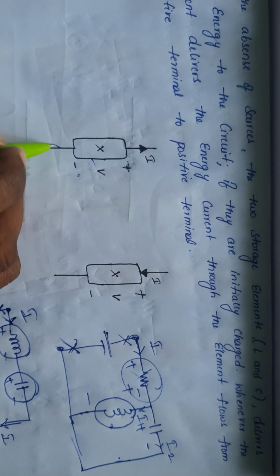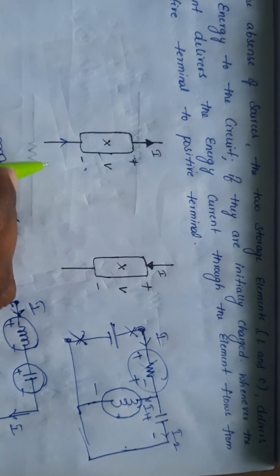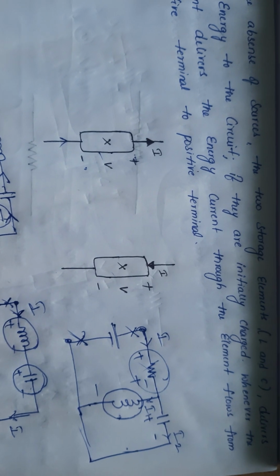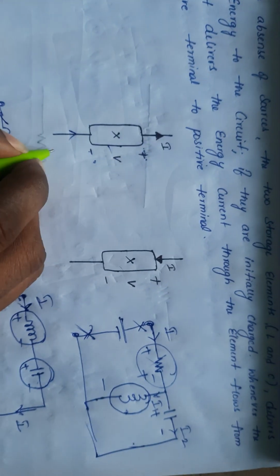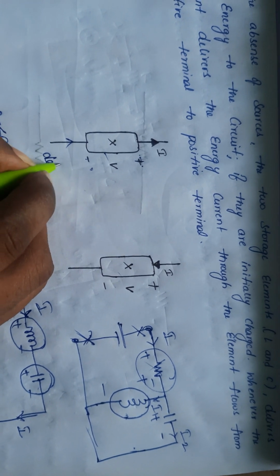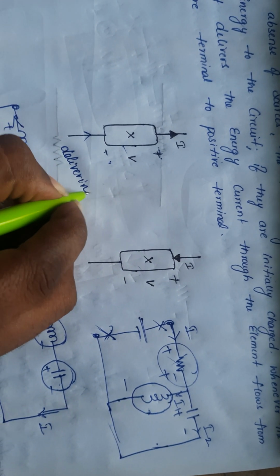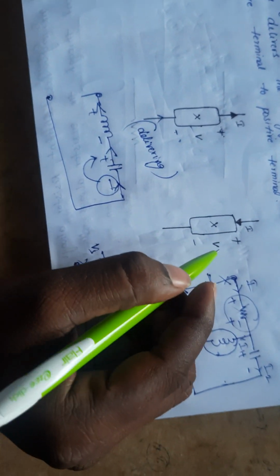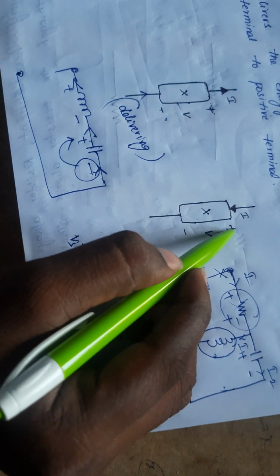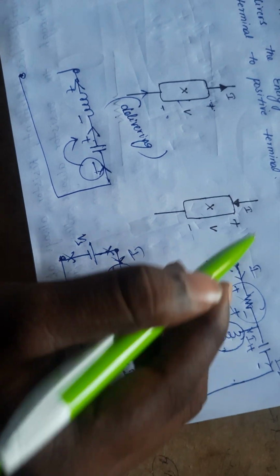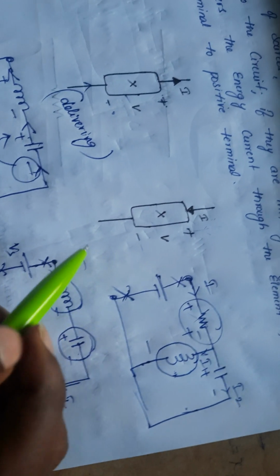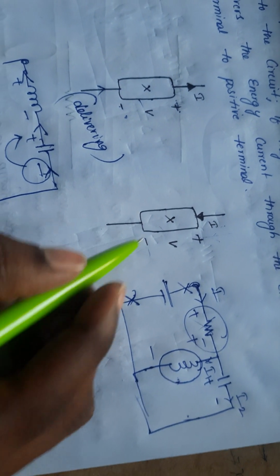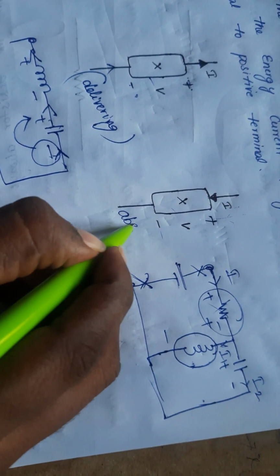Current direction is this. Delivering or absorbing? This is negative to positive, so it is delivering. Now this is the positive terminal and this is the negative terminal. Current direction is downwards. Delivering or absorbing? This is absorbing.